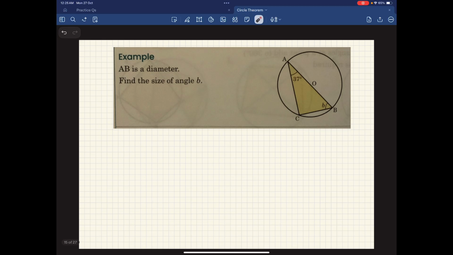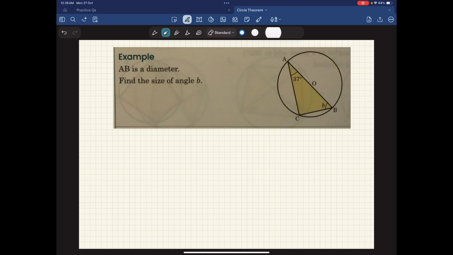So let's put this to application. So AB is a diameter. Find the size of angle B. Now, since we know that AB is the diameter, angles made at the circumference from the ends of this diameter will be 90 degrees. So look at this. From the ends of A and B, angle C is made. So this is going to be 90 degrees.